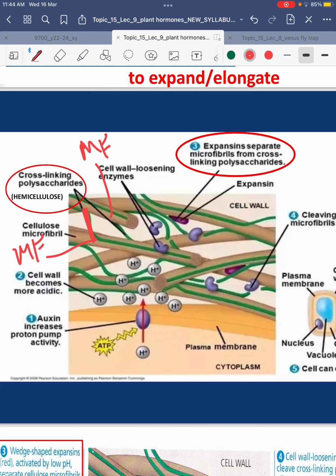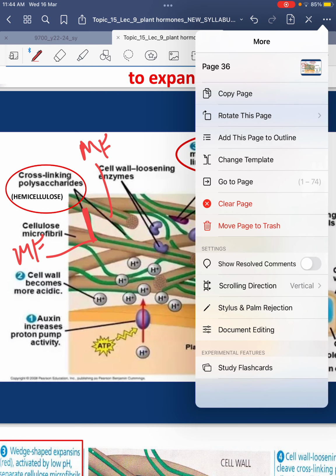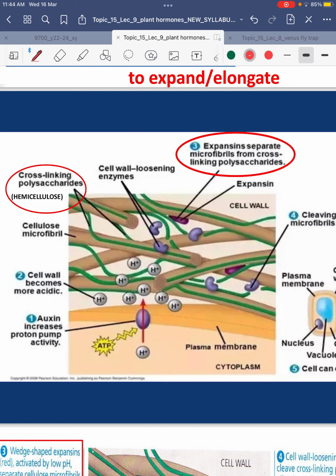Okay, so the acid, the entry of this acid here, the pumping of this acid here will loosen this crosslink. It will loosen this crosslink. What is the meaning of loosen? Loosen means, as far as the textbook is concerned, this gets separated.